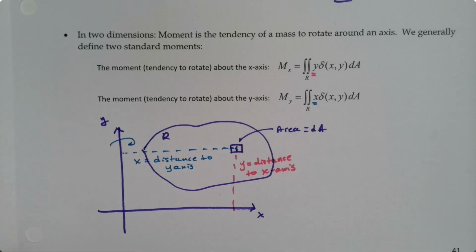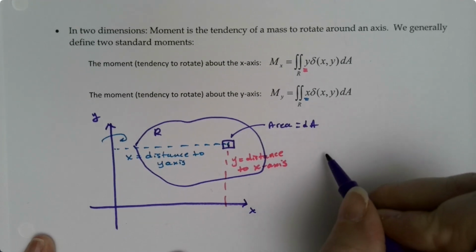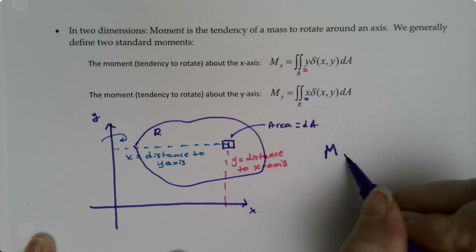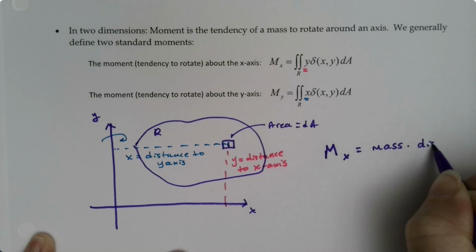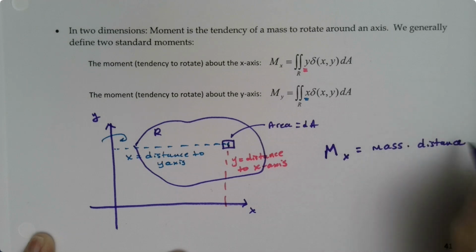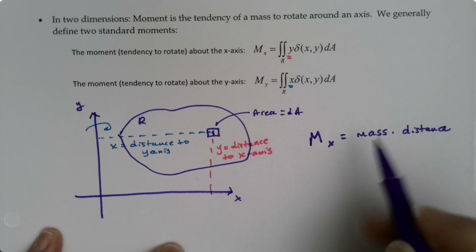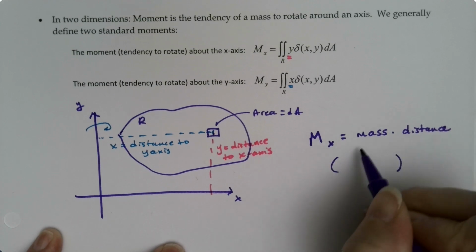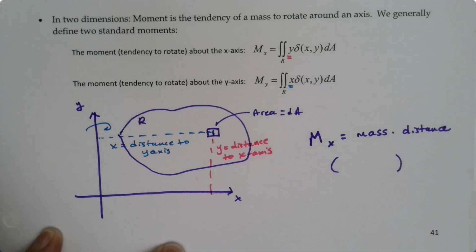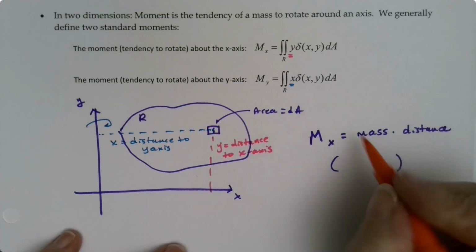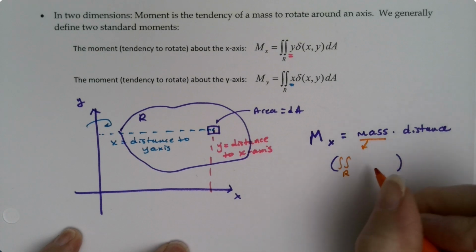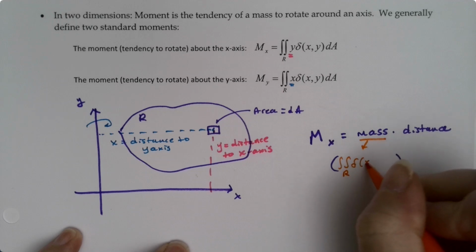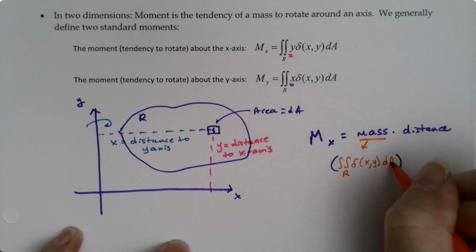So just like it was in a single dimension, your moment in the x direction is mass times distance. It's just that it's a little bit trickier to find. So mass is actually the double integral. Let me write it this way. Mass is the double integral over the region of your density function, which is a function of x and y, dA.